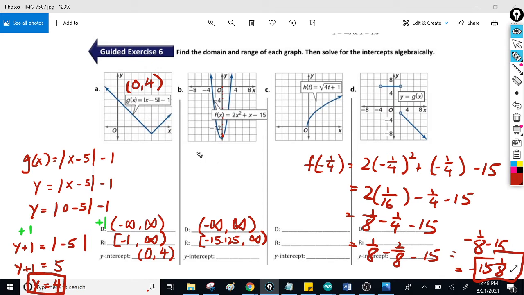So just like before, we are going to plug in a 0. So you are looking at the y-intercept at 0 right here, and then negative 15.